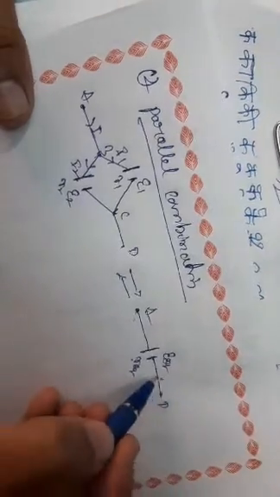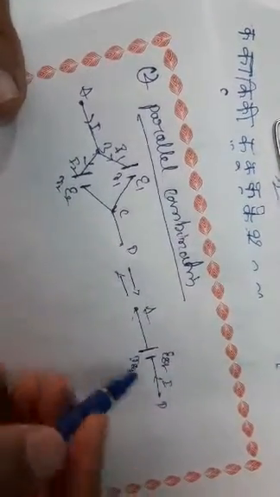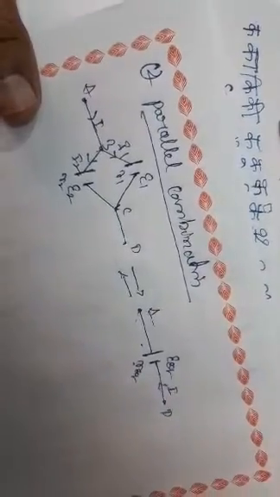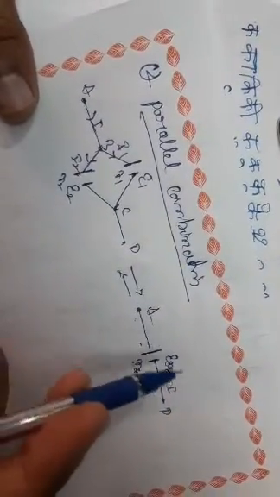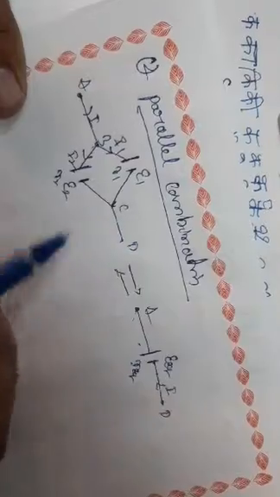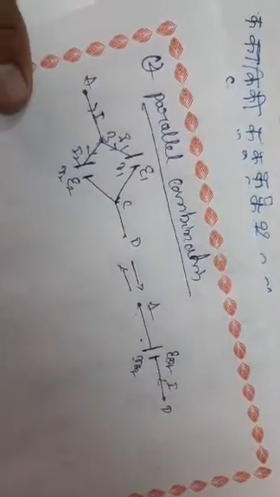The current flowing through the circuit is capital I. This is the definition, circuit diagram and explanation of a parallel combination.